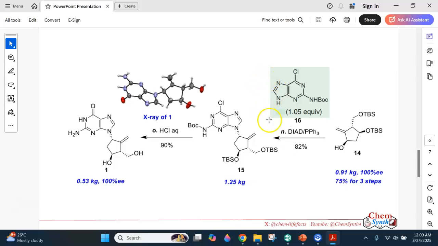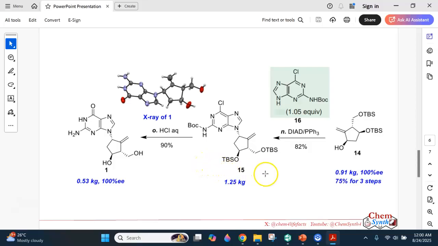So it is a reaction between this NH and this alcohol, unprotected alcohol, for direct this carbon nitrogen bond formation reaction, and this reaction is called Mitsunobu reaction.